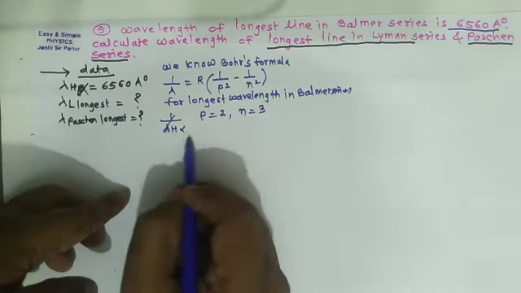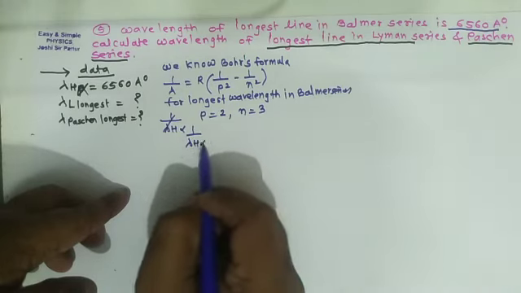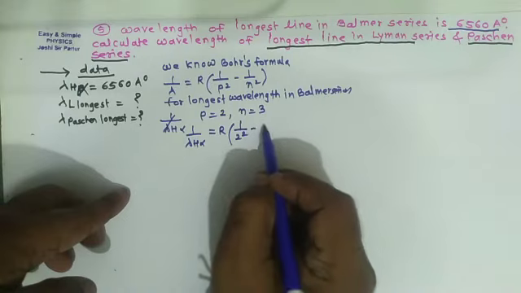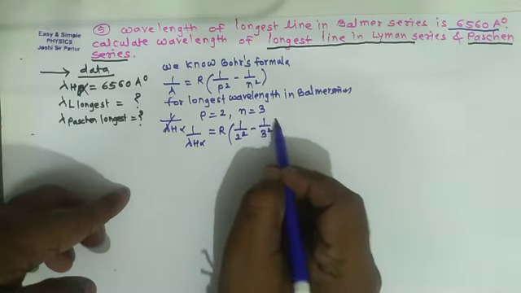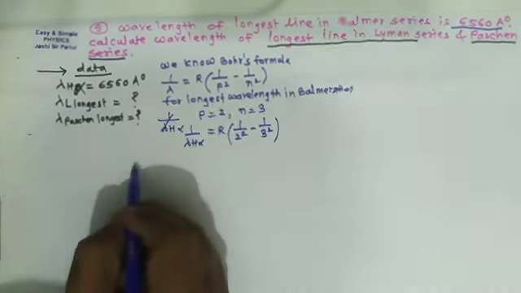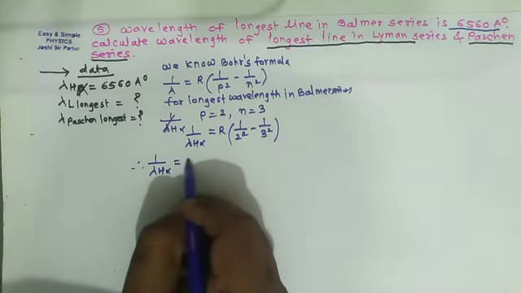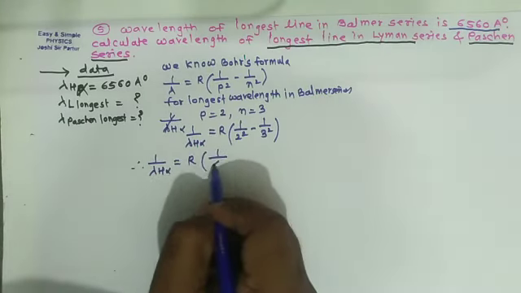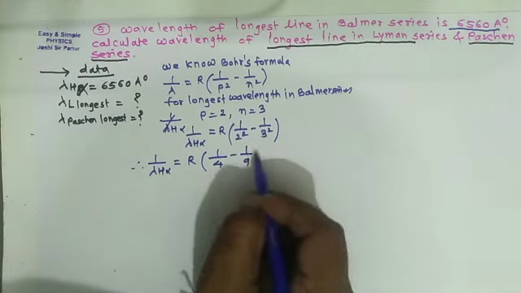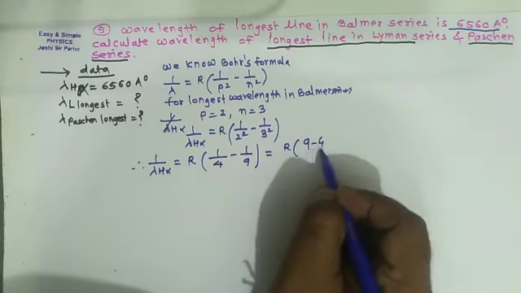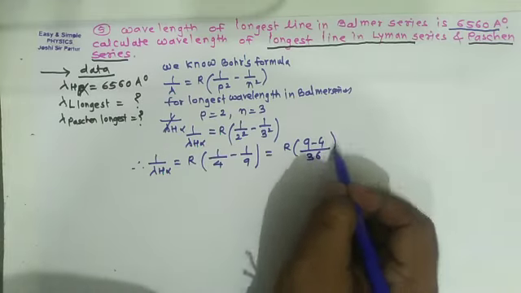So 1 upon lambda H alpha equal to R in bracket 1 upon 2 square minus 1 upon 3 square. Therefore 1 upon lambda H alpha equal to R in bracket 1 upon 4 minus 1 upon 9, which is R in bracket 9 minus 4 upon 36.